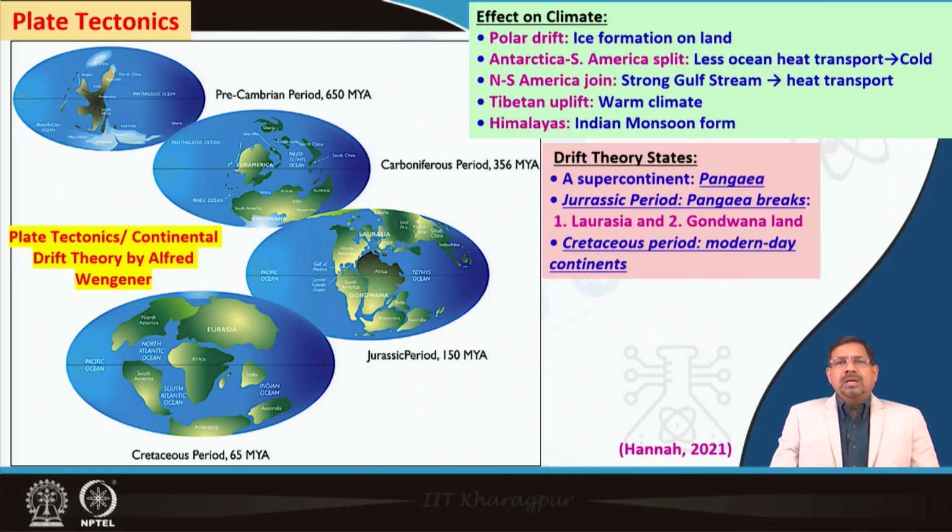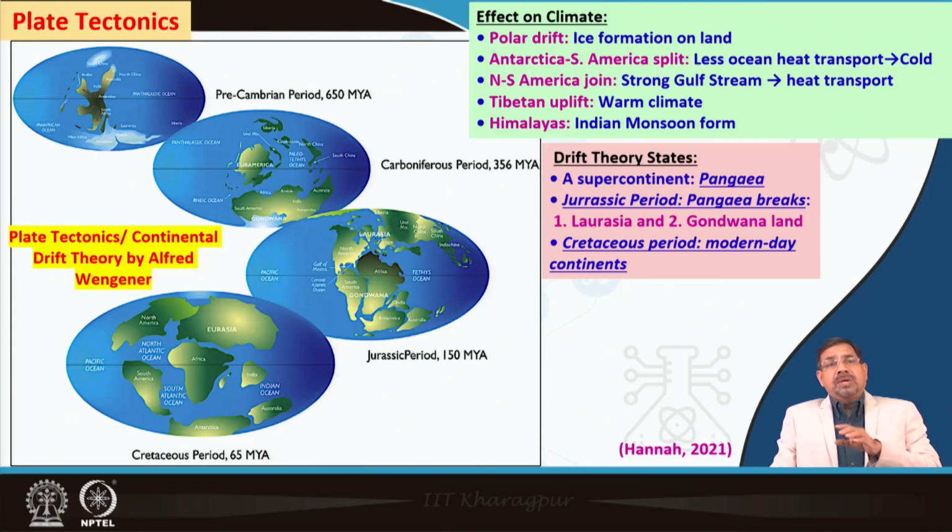Drift theory states that earlier it was one landmass called Pangea, and then in the Jurassic period, Pangea broke into 2 plates, namely the Laurasia plate and the Gondwana plate. And then in the Cretaceous period we started receiving the modern day continents. This is what we can see since 65 million years ago, and this is the current day.